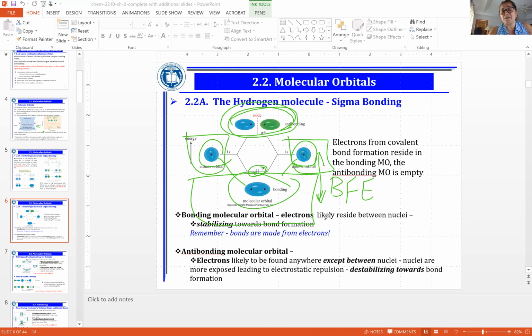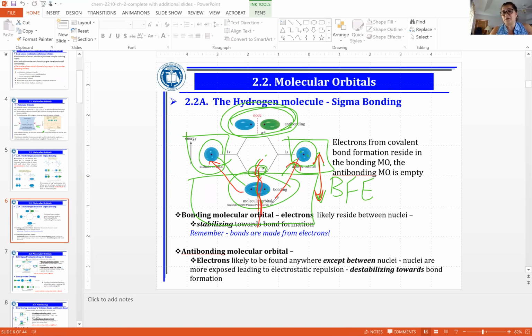Now, if you have a bond and you want to break this bond, then you have to spend energy. How much energy you have to spend, the numerical value in joules or calories, is going to be the same as the bond formation energy, but the definition is different. The definition is bond dissociation energy. So you have to spend energy to break the bond and send it to the atomic state.